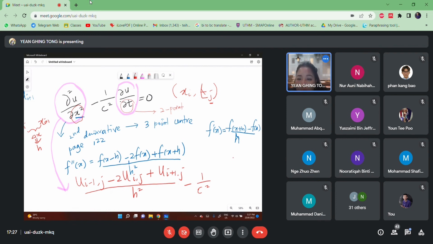From, I cannot find the mouse. So this one is u. Okay, so this one i, we do not touch. We do not change the i because this is with respect to t. With respect to t, that means only j.